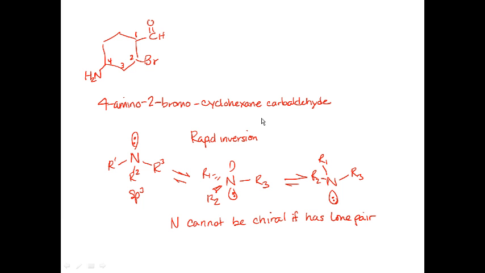Now, that does not mean that you couldn't have a nitrogen that has 4 groups attached to it. Ammonium salts don't undergo inversion. So in the ammonium salt case, this could be chiral, and you could end up with enantiomers of that chiral ammonium.